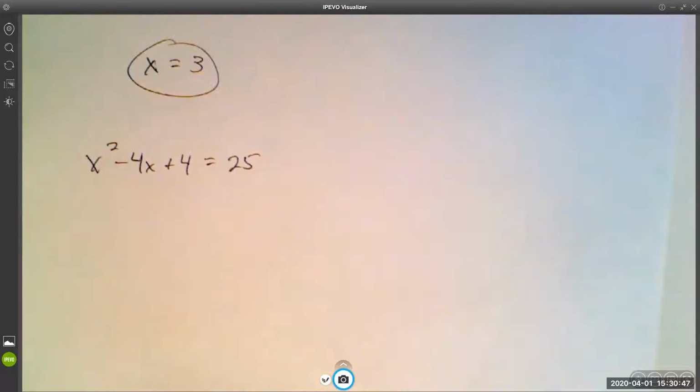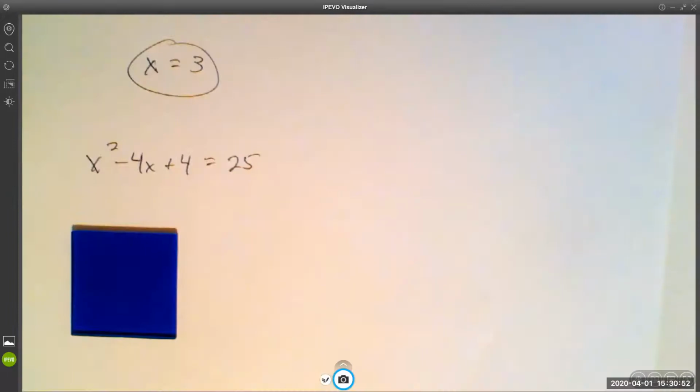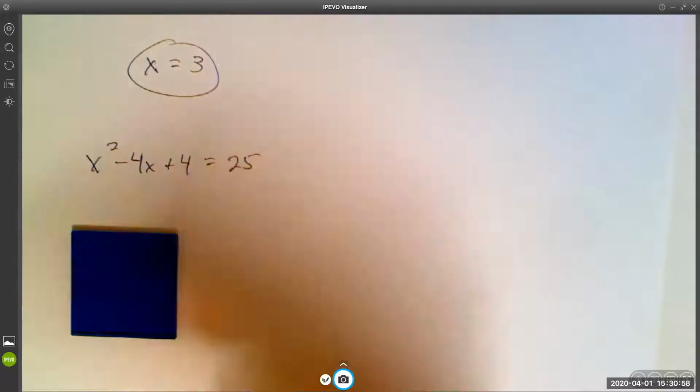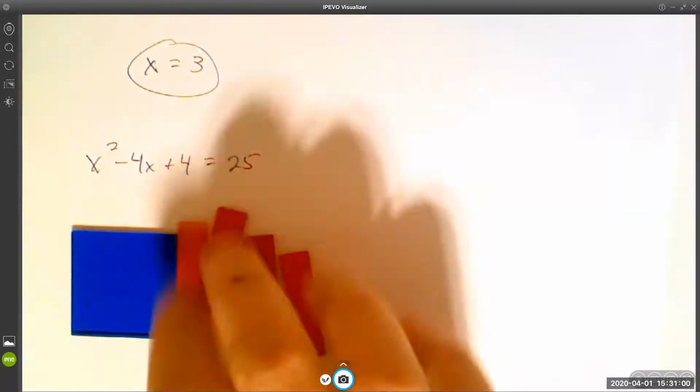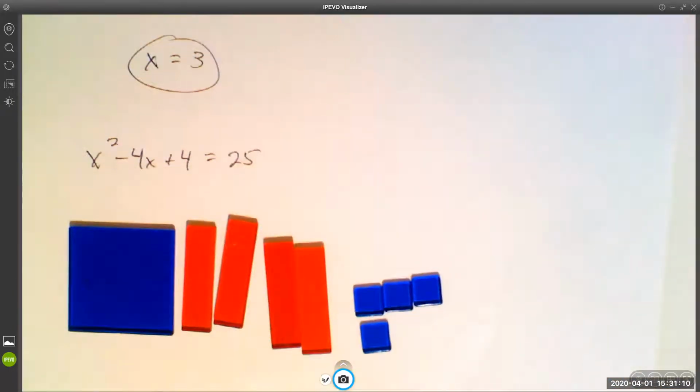Here's how this is going to go for me. So I've got x squared. I need 4 negative x tiles, so I'm going to grab 4 red x's, and then I need to grab 4 positive units. Okay, so that's just the left-hand side.